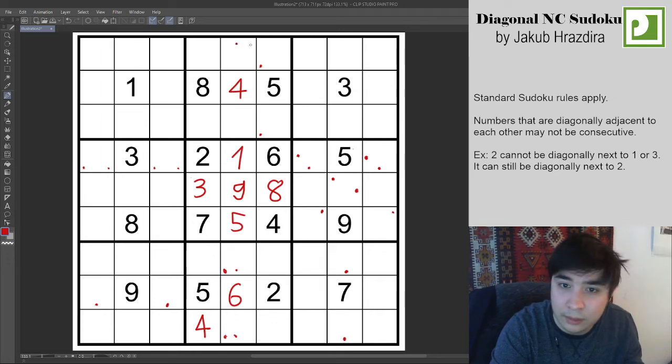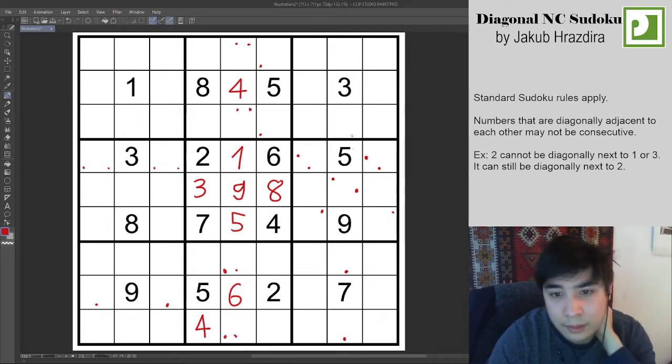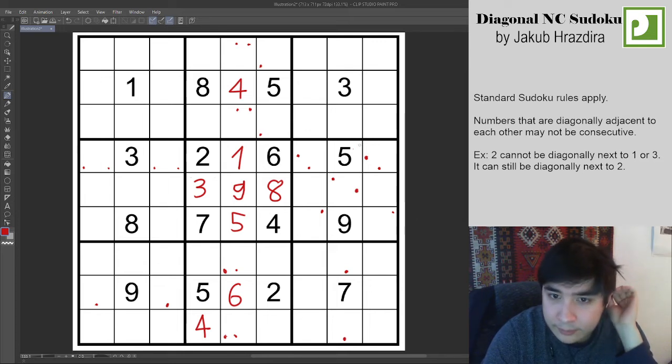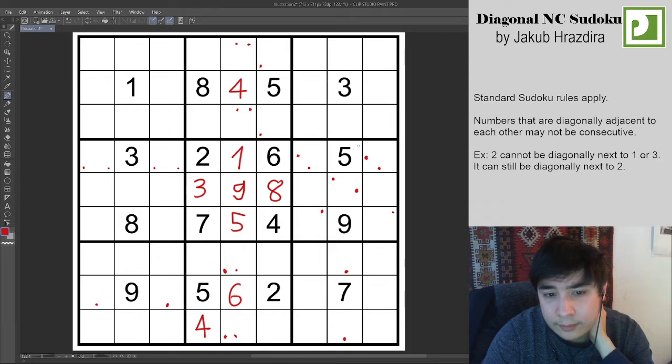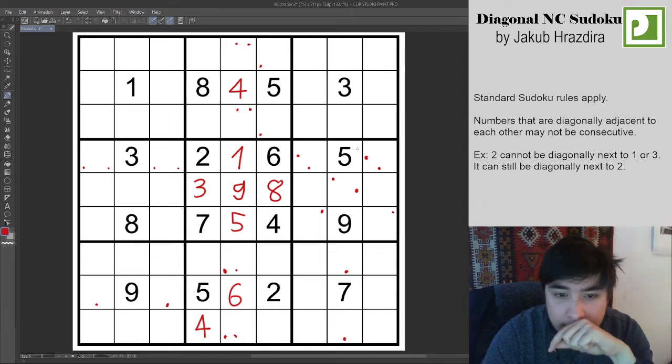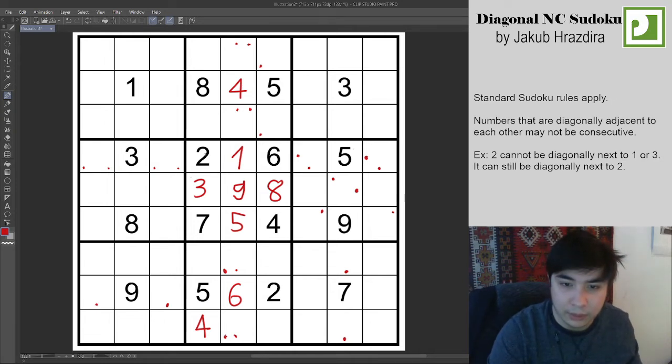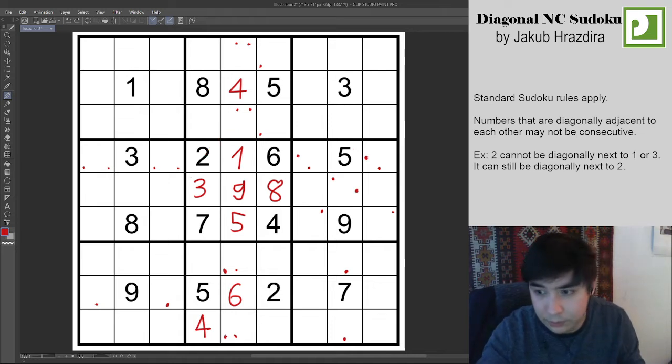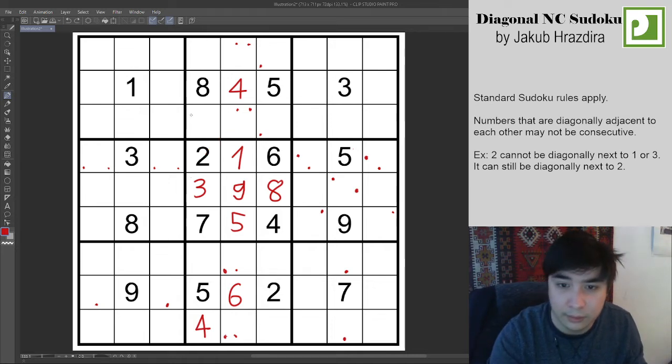This is going to be a 2 and a 3. Oh, and because of this 2 down here, we can just resolve that immediately. This here is going to be a 2, and this is going to be the 3.